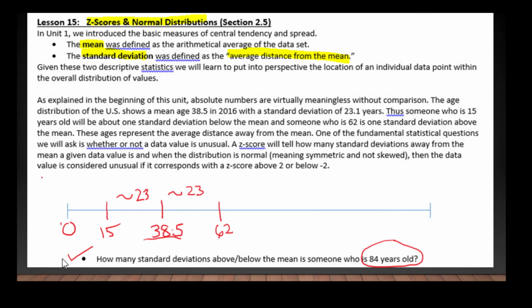So here's our last problem. On this page, how many standard deviations above or below the mean is someone who's 84? So if someone's 84, they're up here somewhere. They're obviously above the mean because the mean is 38.5. Now I'm going to find out how many years they are above the mean, which is simply taking 84 and subtracting 38.5.